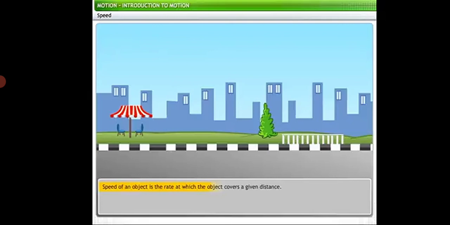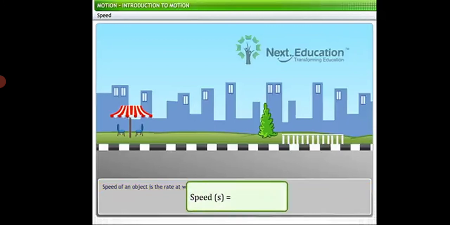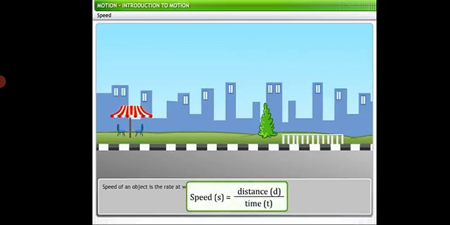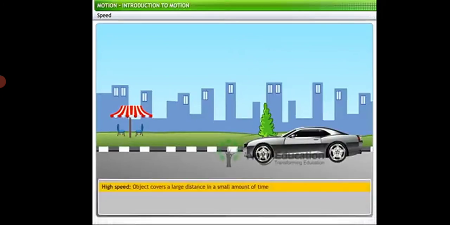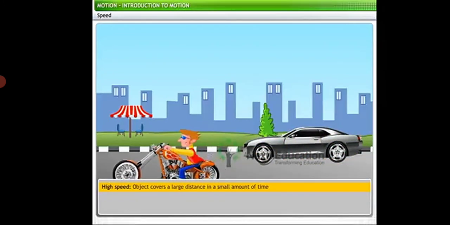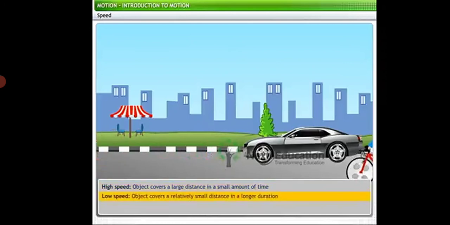Speed of an object is the rate at which an object covers a given distance or changes its position. Speed is calculated as a ratio of distance covered to the time taken to cover that distance. Thus, an object that covers a relatively large distance in a short amount of time is moving at high speed.